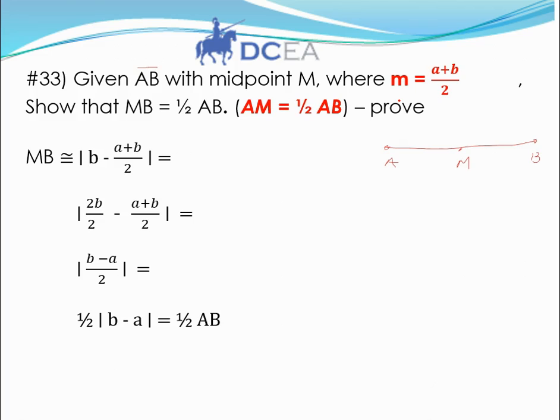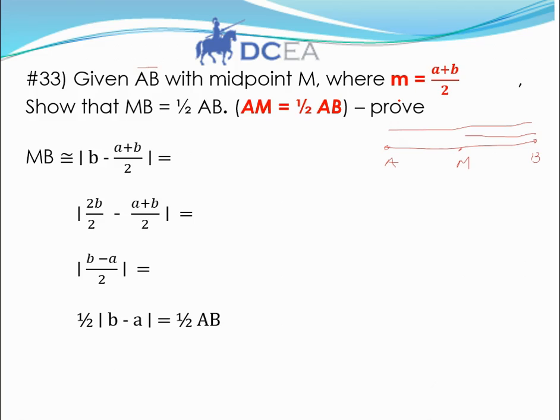So this is a proof. This is a mathematical proof to show that MB, this distance, equals half of the total distance.